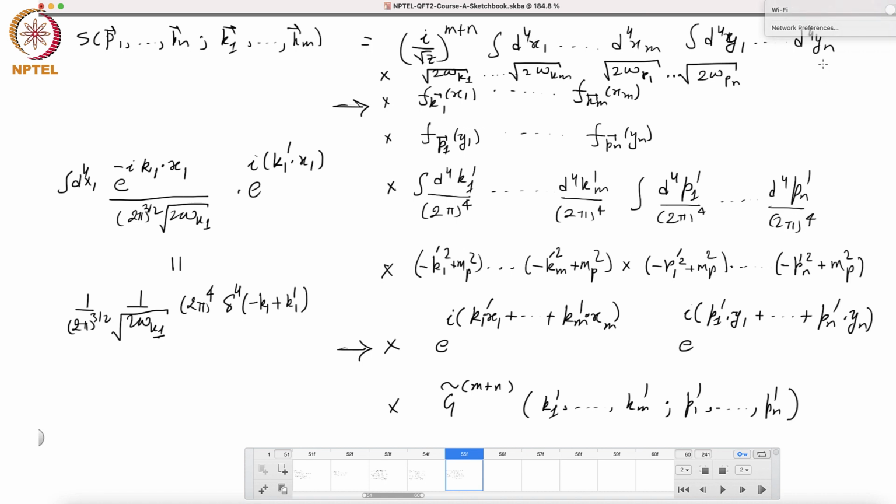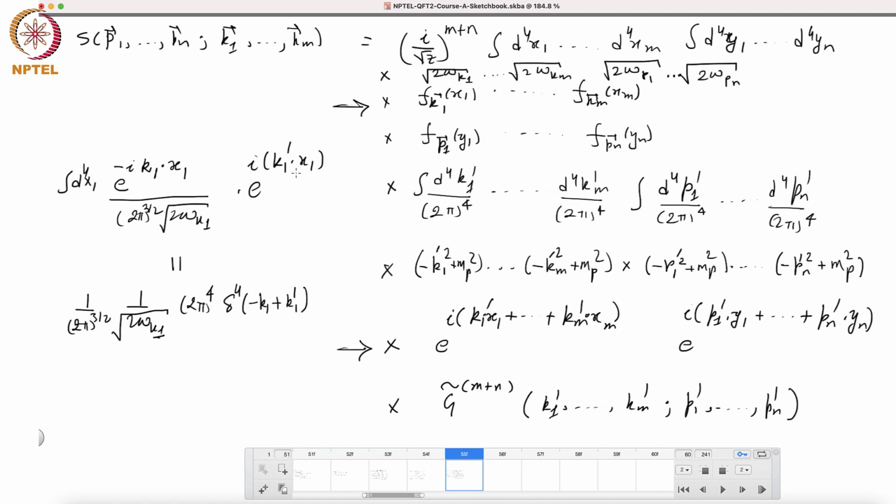I have collected all the factors which contain x1, and the result is that you have an integral over d4 x1, e to the minus I k1 dot x1 over this factor coming from f k1, which is what I wrote, and then you have this exponential coming from here, e to the I k1 prime dot x1.